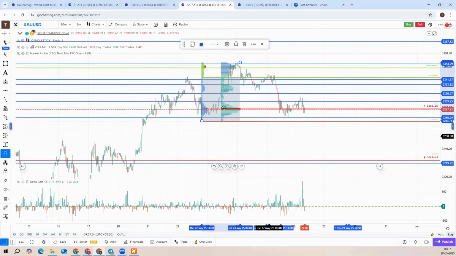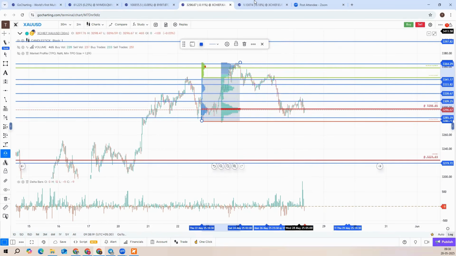This was one area, this was another area, and this was another area. Right now the market is inside this value area, and you see how beautifully these levels are respected. It is coming up and down. So our auction market theory works very beautifully. If it breaks down with a big delta, then take a trade up to here. Otherwise, if it goes up, then from here take the reversal up to here, and then this value area, and then this value area. This is gold.